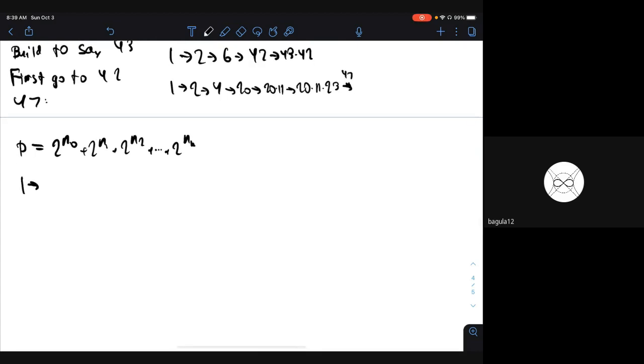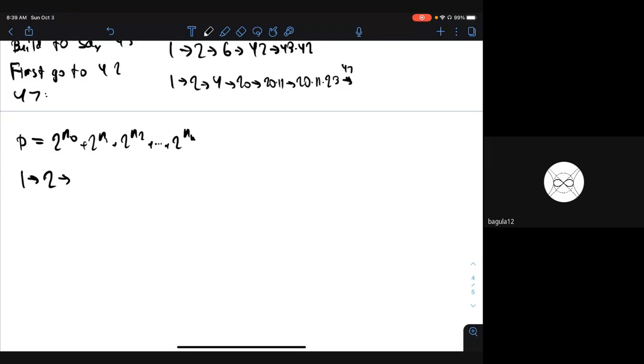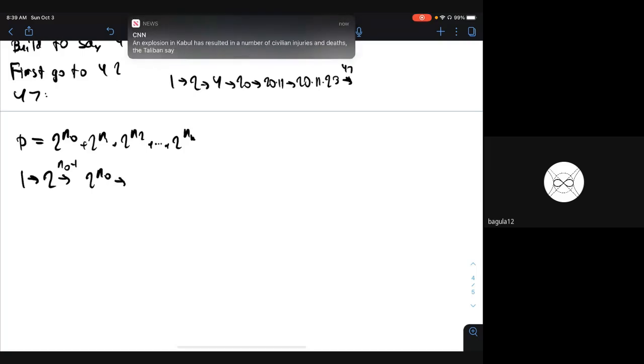Start at 1, you multiply by 2, and at any stage you can multiply by 2, by the way, because 1 always divides any number. So you can always double. So first we multiply n naught minus 1 times, and you get 2 to the n naught.